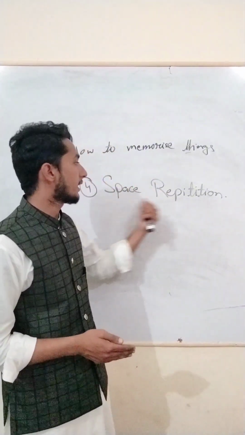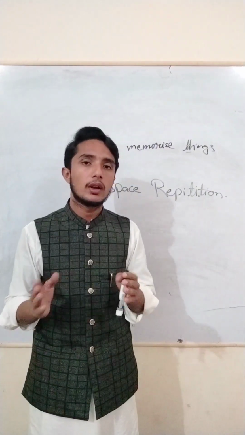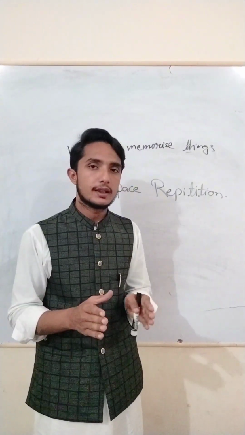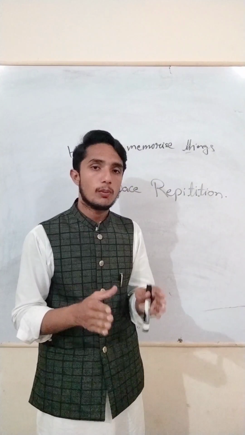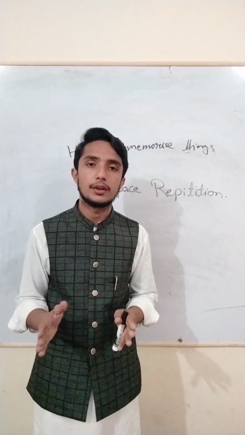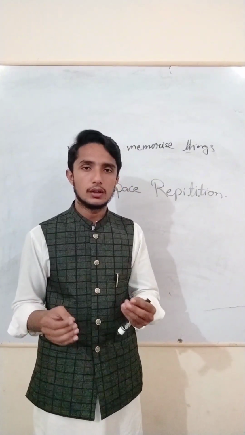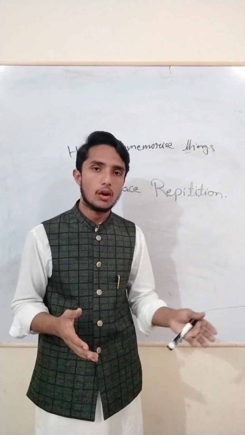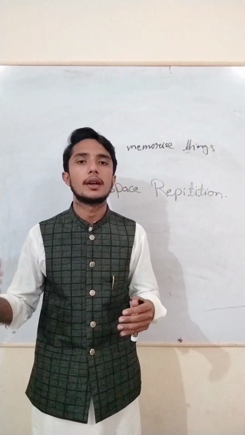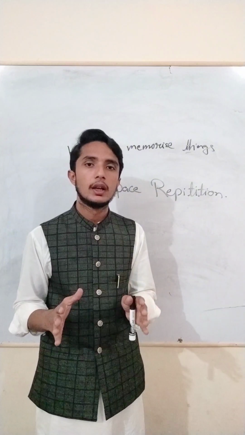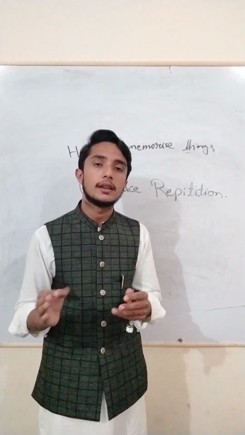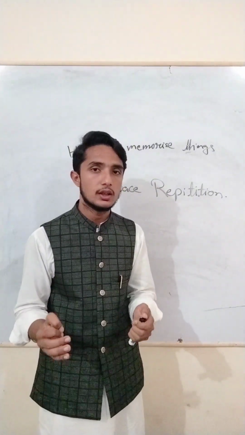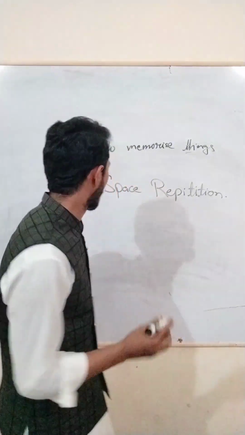When you are reading, take breaks. Read for half an hour or an hour and then take a break of 5 or 10 minutes so that your mind relaxes, and then it will memorize the things much better.